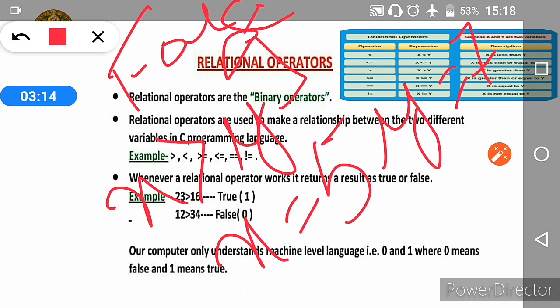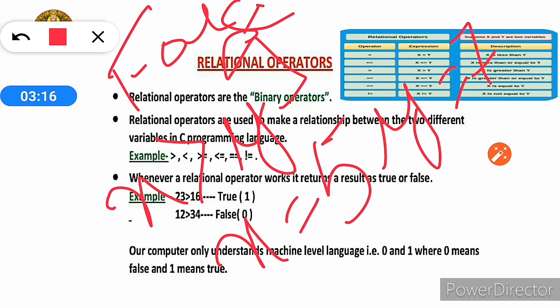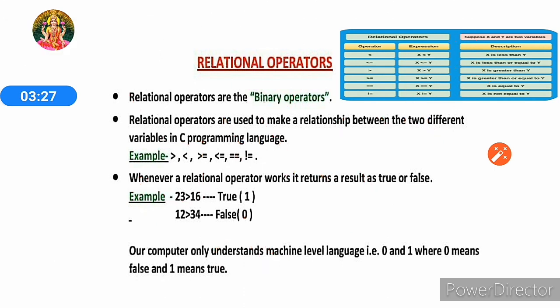We should always remember that machine level language consists of 0 and 1. Here 1 means true and 0 means false. Similarly, if x becomes 7 and y becomes 5, then 7 is greater than 5.